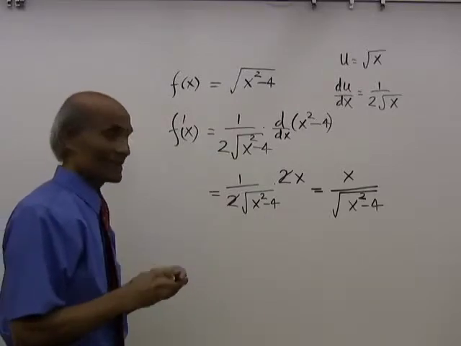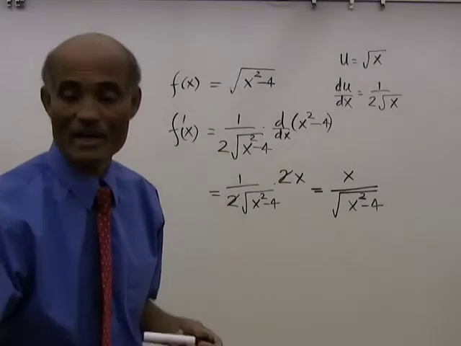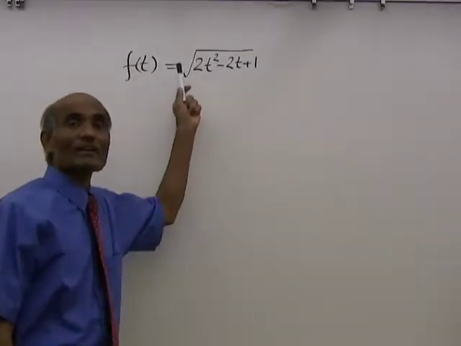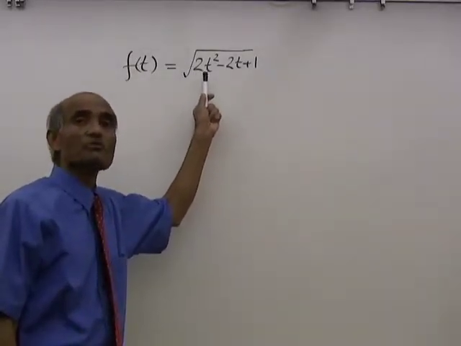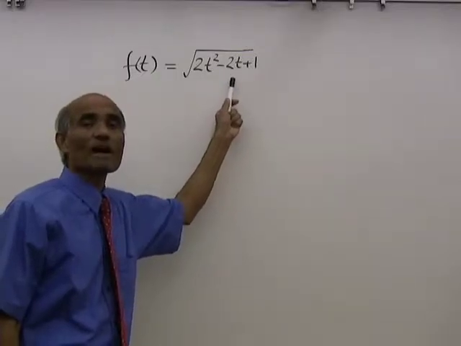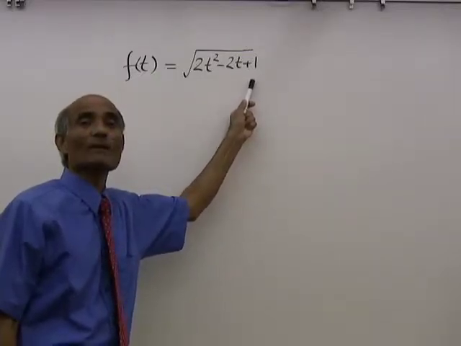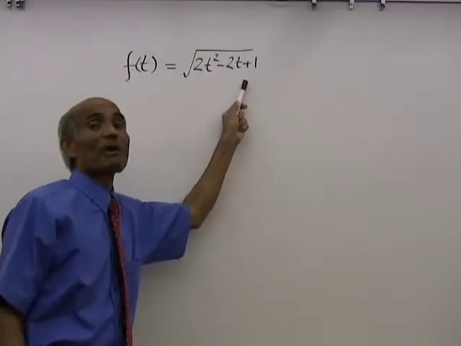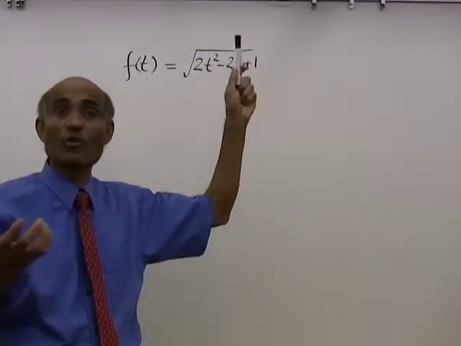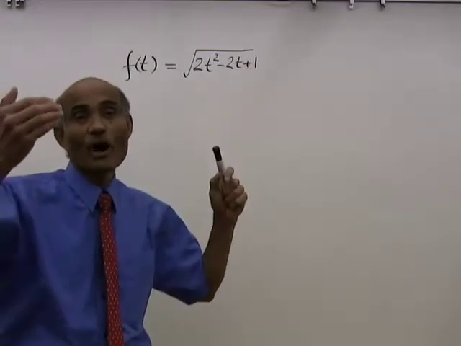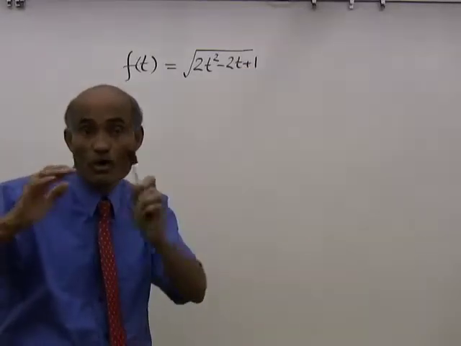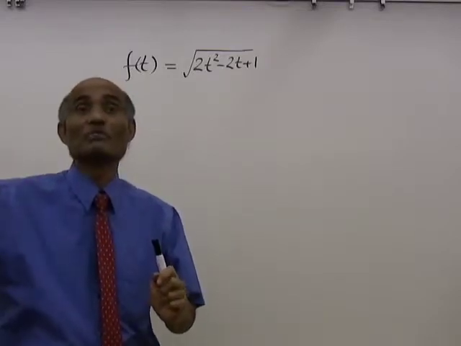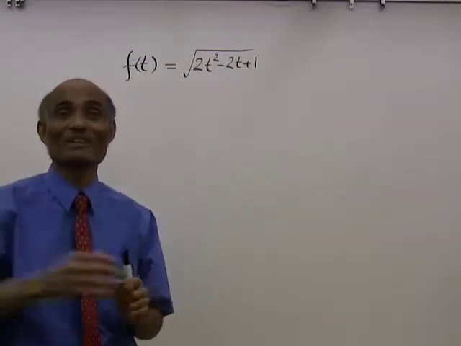Alright? Let's practice with another one. Look at this now. F of t equal to square root of 2t squared minus 2t plus 1. We have a square root quantity. How do you find the derivative of a square root quantity? It will be 1 over 2 square root of that quantity times derivative of that quantity.